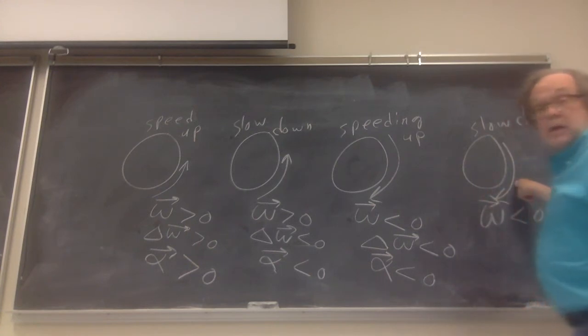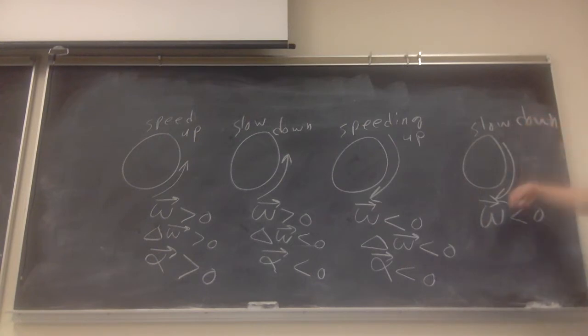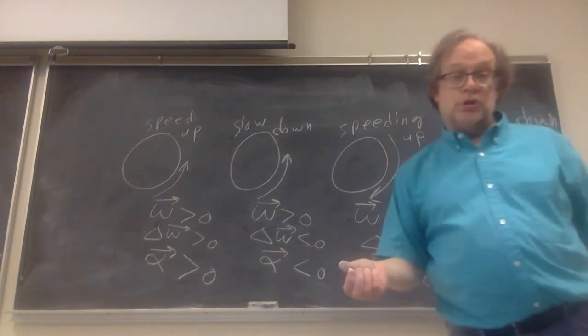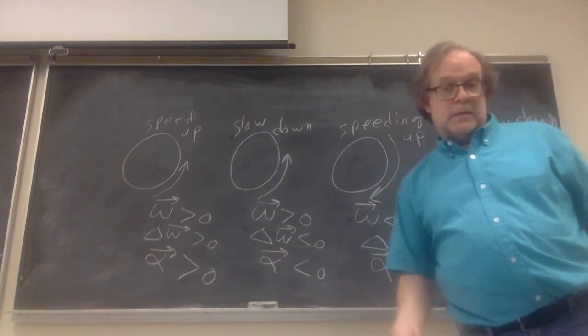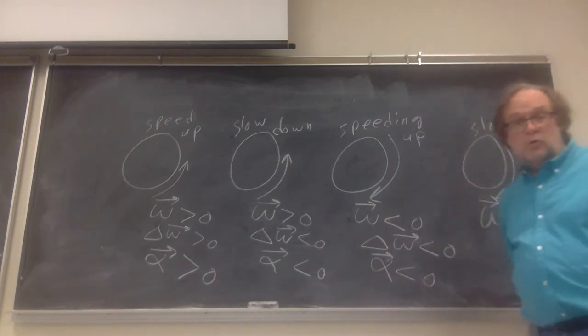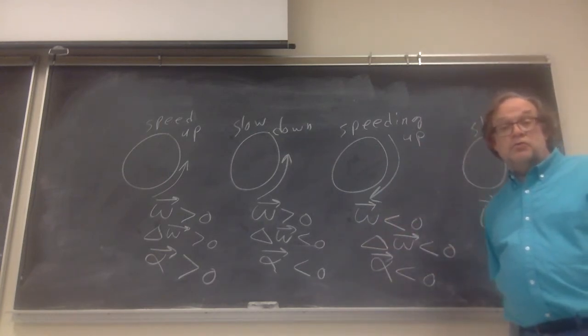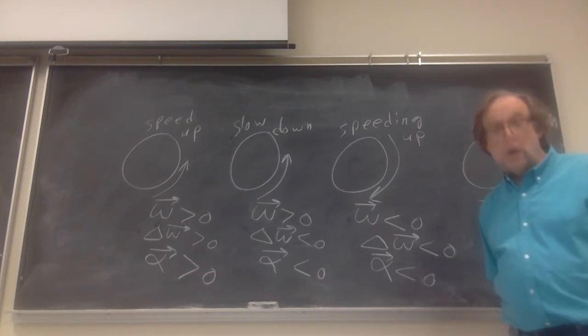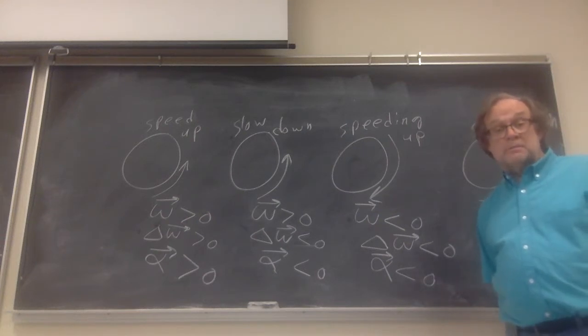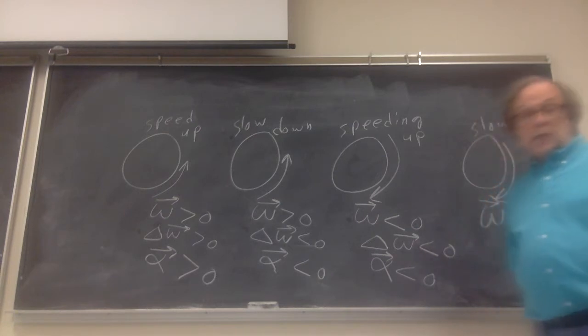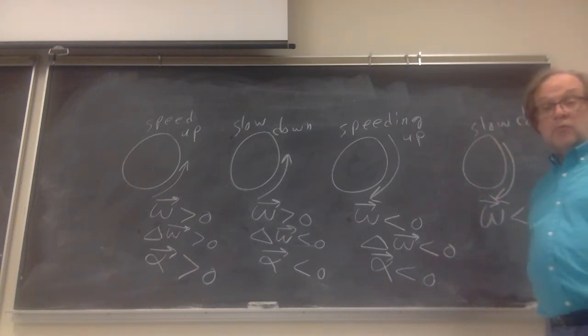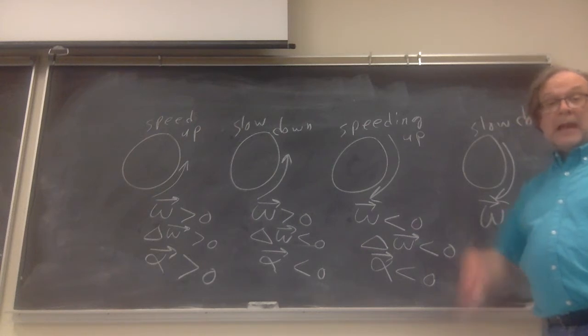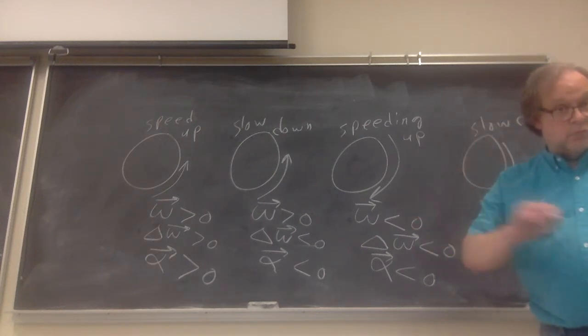But it's slowing down, which means you have less and less negative motion as time goes by. Say an earlier velocity might have been negative 2 radians per second, and then later on it's just negative 1 radian per second. How do you get from negative 2 to negative 1? You get there by adding positive 1.